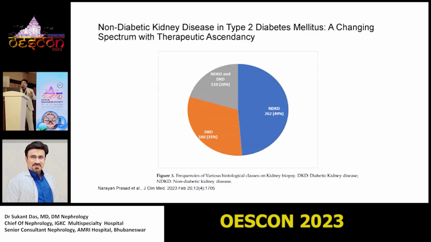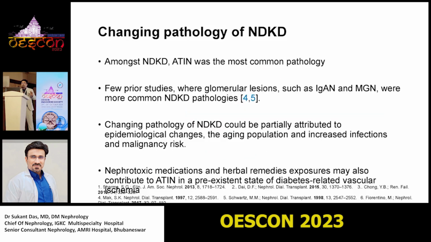Now, why is this incidence of non-diabetic kidney disease increasing? What is the changing paradigm in these patients? What are the different types of non-diabetic kidney disease in these patients? It was found that in their study, acute tubular interstitial nephritis was much more common as compared to other studies where IgA nephropathy and membranous nephropathy were more common.